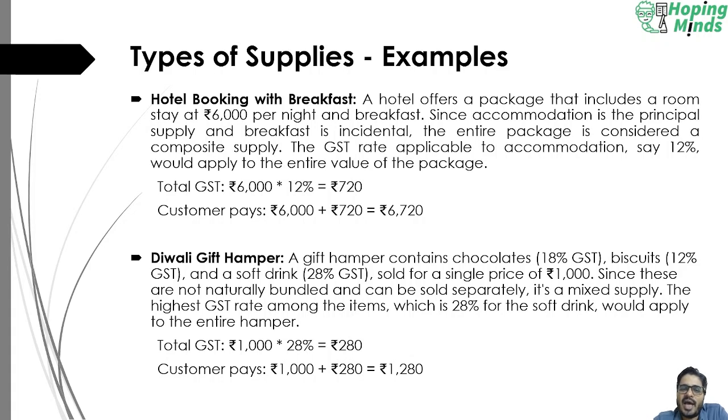So the highest rate of GST among the items, that is 28% for the soft drink, would apply to the entire hamper. So the total GST will be 1000 into 28%, which comes to rupees 280. Hence the customer has to pay rupees 1000 plus 280, that is 1280. So this is an example of mixed supply.